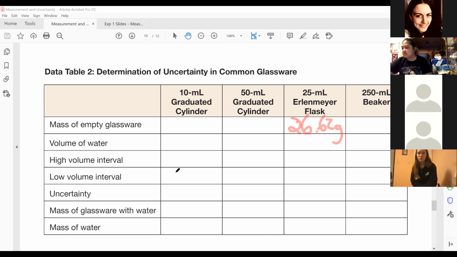So I think it's probably about there. Now I measure the mass of it, and it is 45.27. So the difference is the mass of the water, right? Here it's empty, here it's full. So the mass of water is going to be the difference.